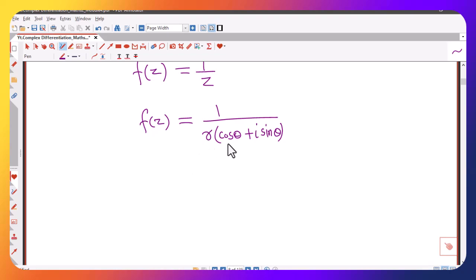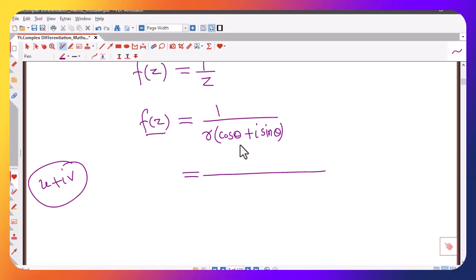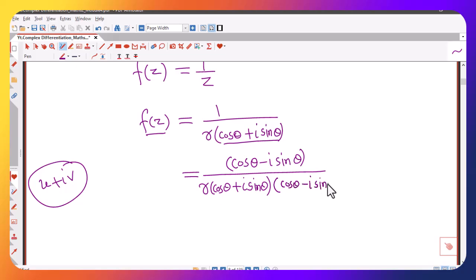Now I want to write down f of z in this form, u plus i into something. So I will multiply this numerator by the conjugate of this. Conjugate of cos theta plus i sin theta is cos theta minus i sin theta, and here also we have to multiply by cos theta minus i sin theta.